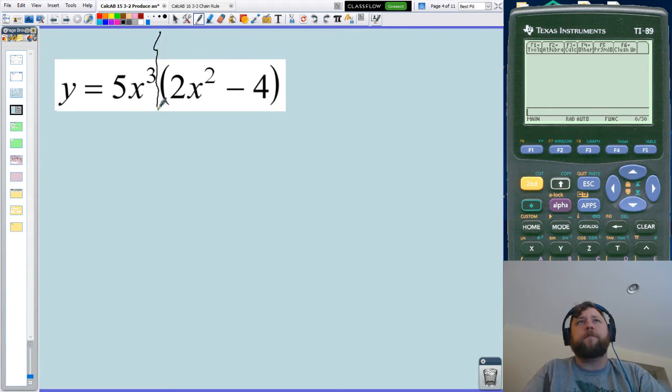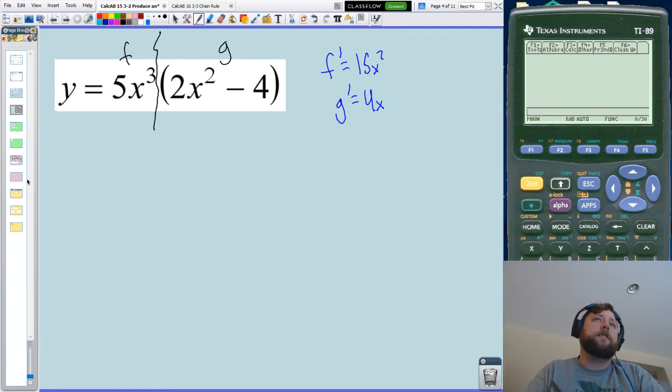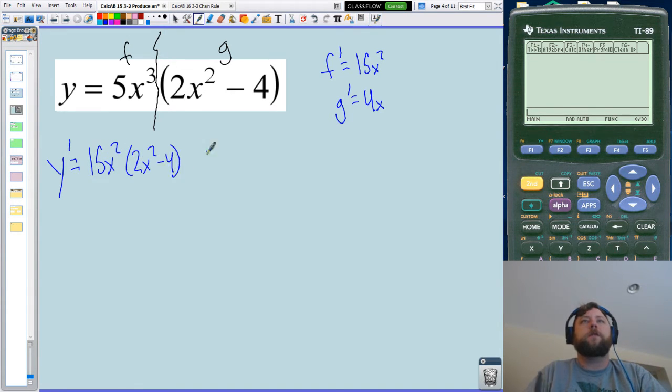Now let's say you want to do it for this one. So I have my f will be 5x cubed, and my g will be 2x squared minus 4. So I'm going to say my f prime is going to be, derivative of that is 15x squared, and your g prime is going to be 4x. So following the product rule, my answer is 15x squared times 2x squared minus 4 plus 5x cubed times 4x.